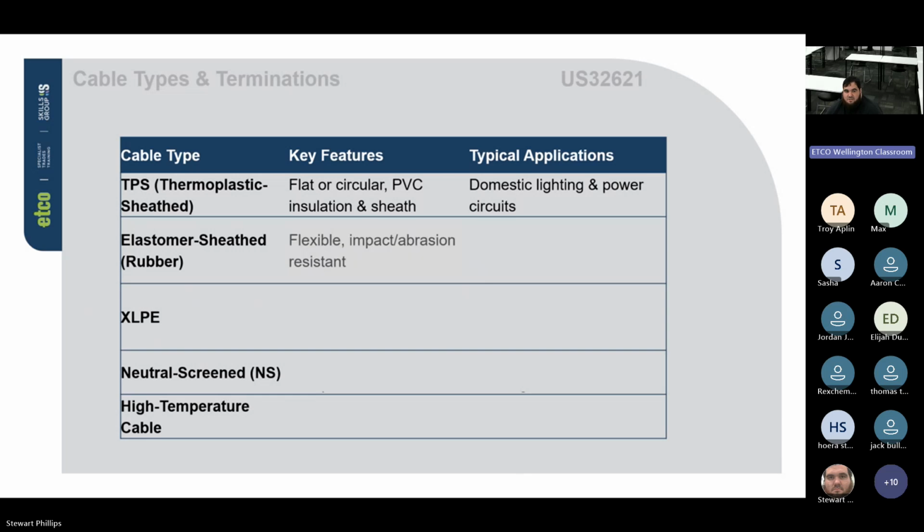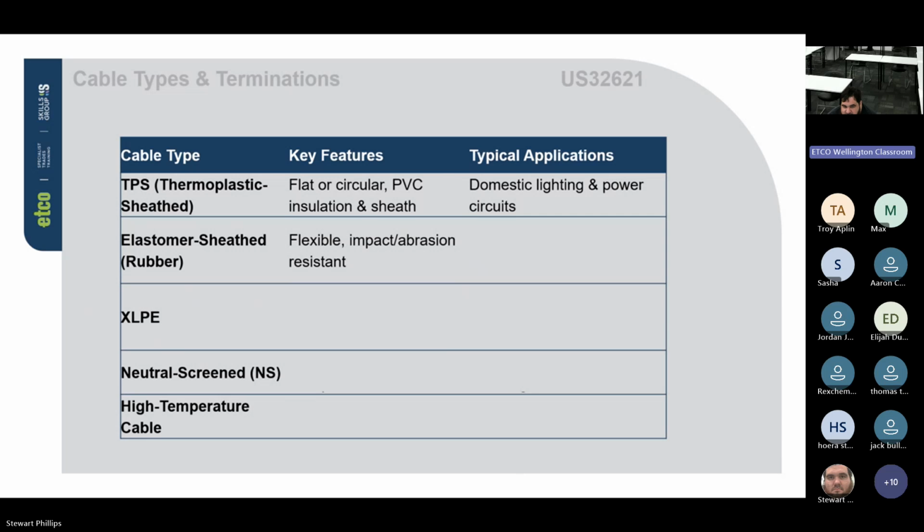So elastomer sheath rubber: flexible, impact, abrasion resistant. So where might we use this? Outdoor areas, yep.